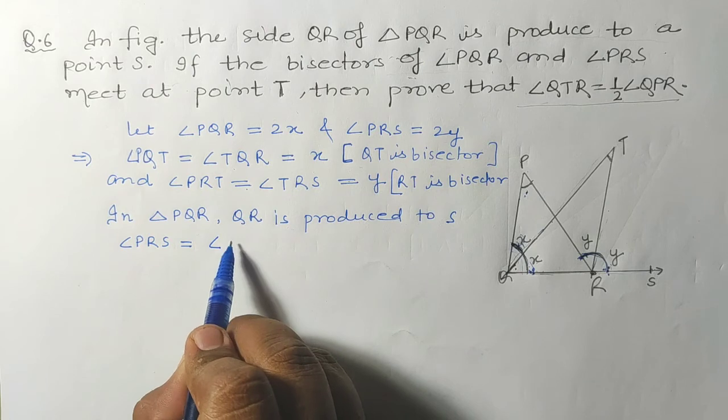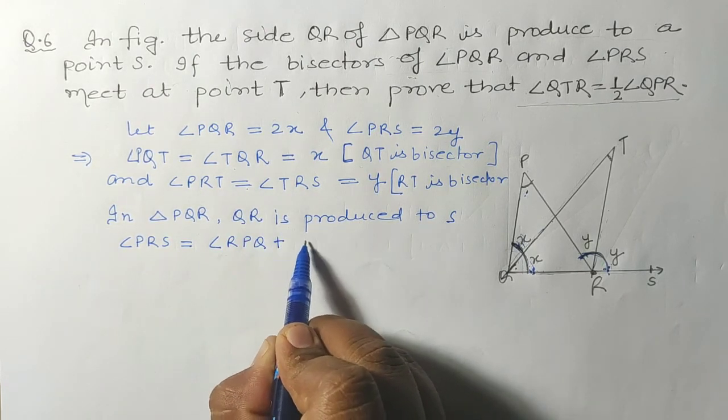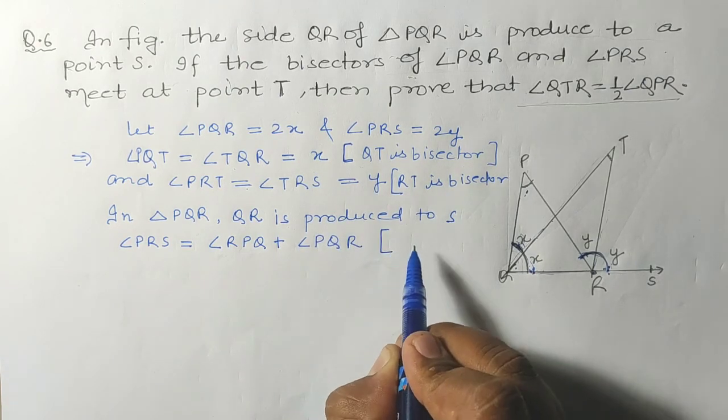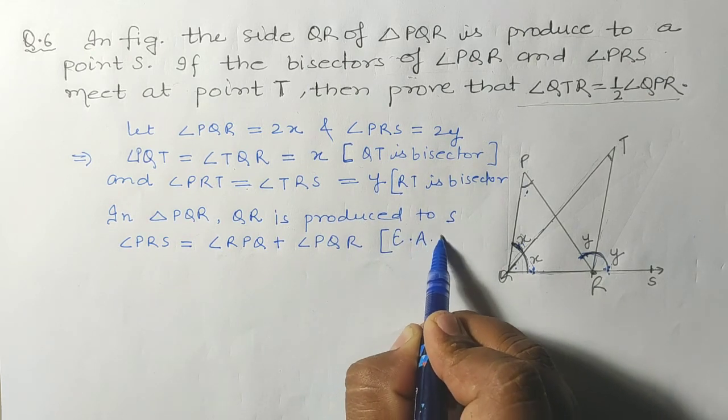Means it will be equal to angle RPQ plus angle PQR. Okay, what is the reason behind it? The reason is exterior angle property.